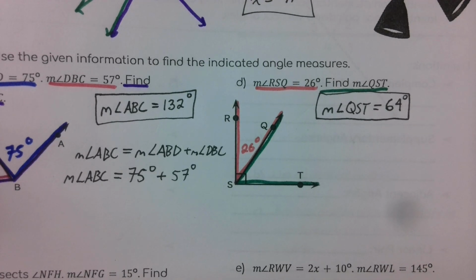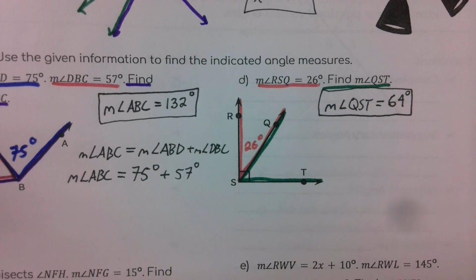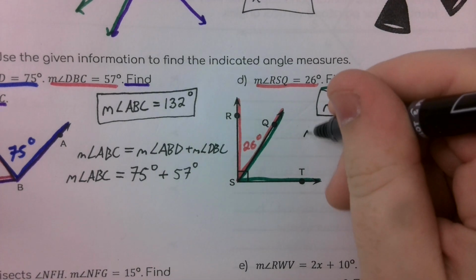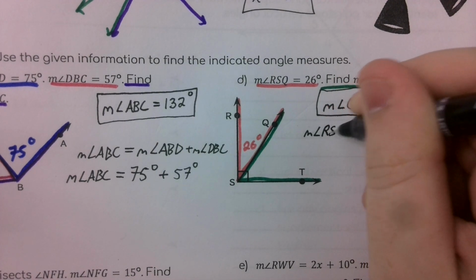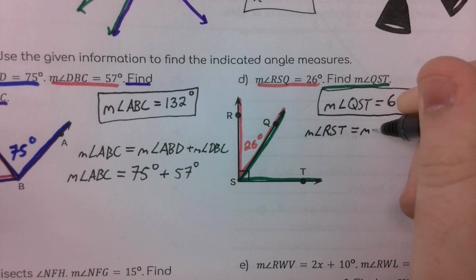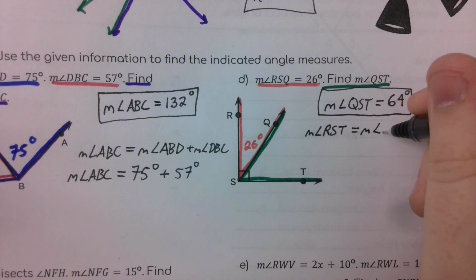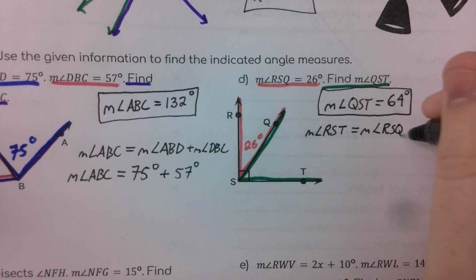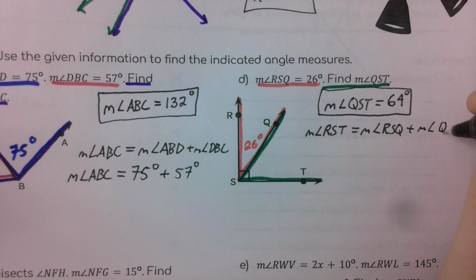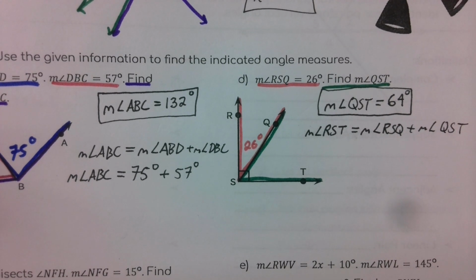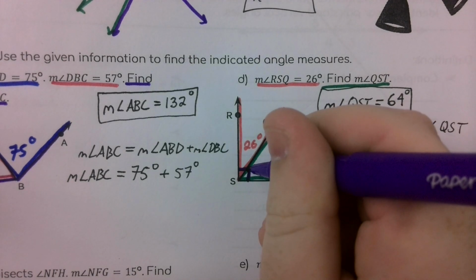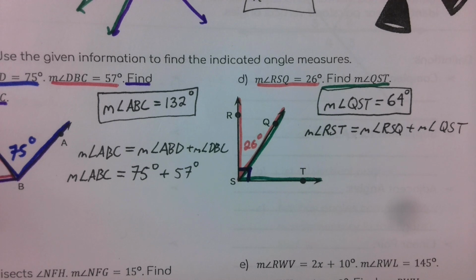Normally, we would need to know what the entire angle is, because, according to the angle addition postulate, the measure of angle RST is going to equal the measure of angle RSQ plus the measure of angle QST. But we do actually know how big the whole angle is because there's a special marking in the corner. That marking right there tells us that RST is a right angle, which means it'll be 90 degrees.